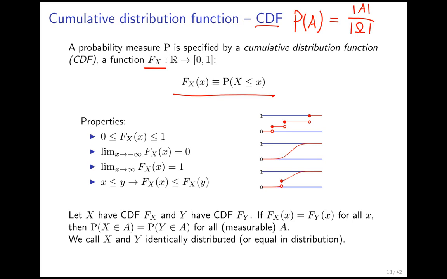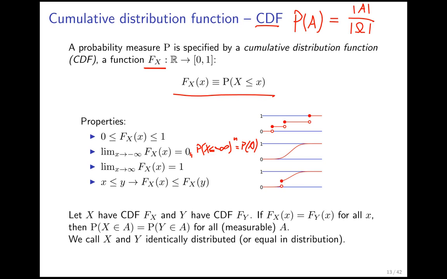And the first limit is the limit of x to minus infinity. So this corresponds to the probability that the random variable is lower or equal to minus infinity. And obviously this is the probability of the empty set, because there is no way we can have a value smaller than minus infinity if we have as input the real numbers.